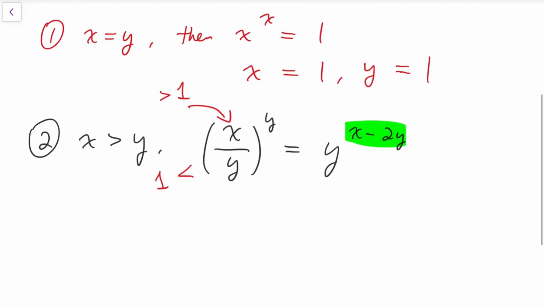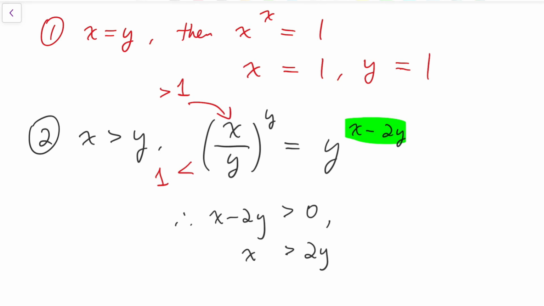So that means x minus 2y is larger than 0. In other words, x is larger than 2y. So it didn't only show that x is larger than y, it's even larger than 2y. And so we know that the right side is actually y to the power of a positive integer.